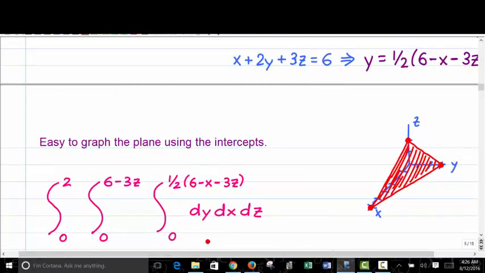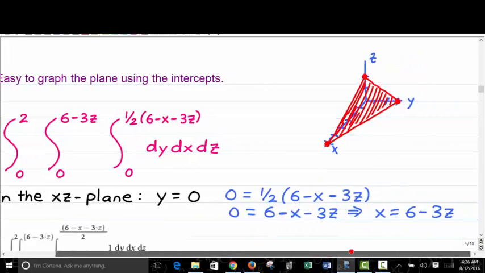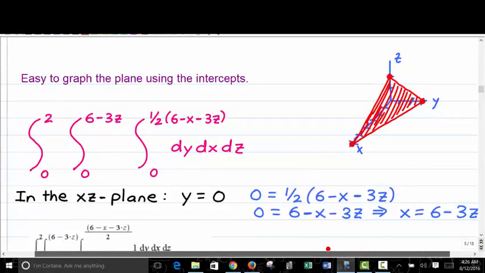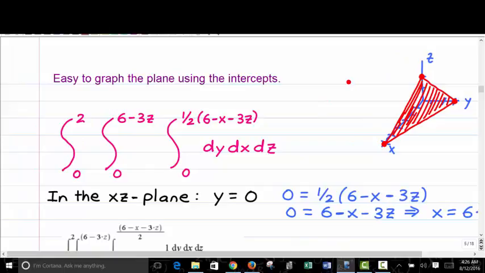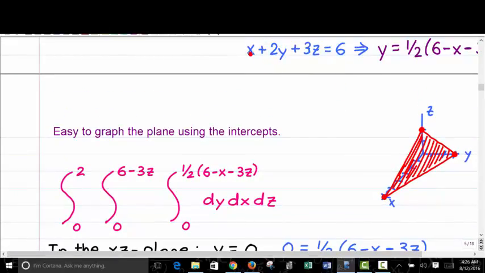What I want to solve for depends on which comes first, dx or dz. That means dx is first. So if I have x plus 3z equals 6, I need to be solving for x in terms of z, not z in terms of x. So x in terms of z would be x equals 6 minus 3z.